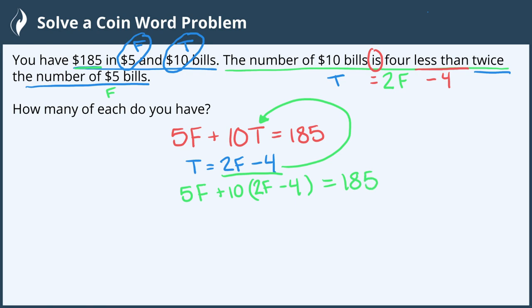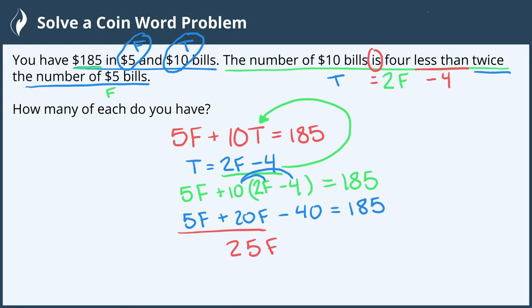Now we can go ahead and do the distributive property to simplify our left side of the equation. We get 5F plus 20F minus 40 equals 185. We'll combine like terms and get 25F minus 40 equals 185.